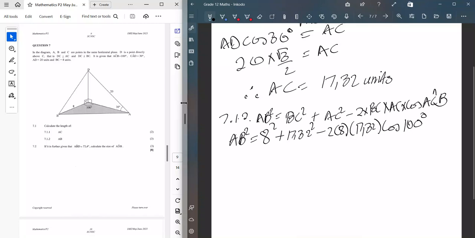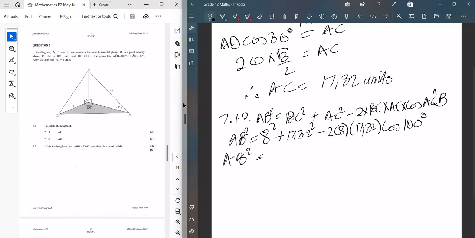Okay. So we are in grade 12. We don't need to be writing the individual answers for all of these. We're just going to say 8 squared directly plus 17,32 squared minus 2 times 8 times 17,32 times cos 100. Then we are good. What is this?